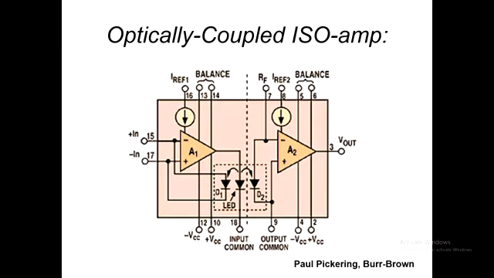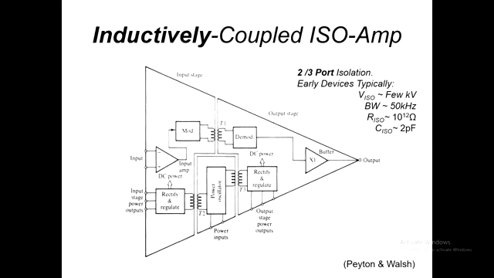Okay, another type of arrangement, as well as the optical coupled ones, are the magnetically coupled ones. Now, this is what's called a 3-port isolation amplifier. It's not only got input and output port, but the power supply for both ports is also separate.